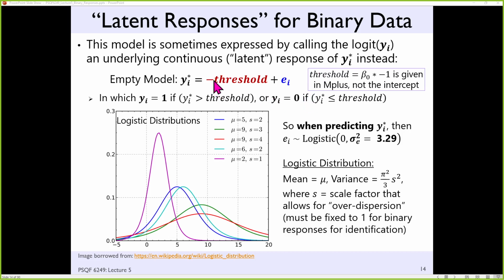So in this version of it, you will see a threshold as a parameter. What we would say is, I know you got binary items, but what if I told you that secretly underlying each of these binary items was a continuous variable just waiting to be discovered? Doesn't that sound nicer?